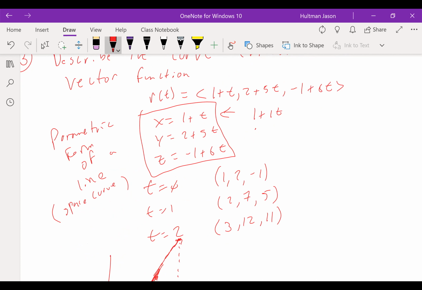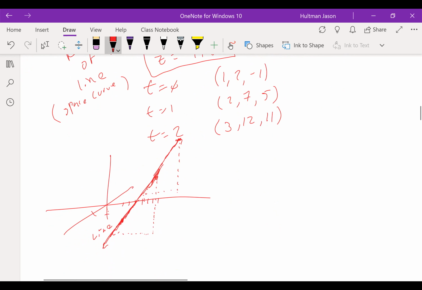It will create a line because our rate of change is always the same for every point.